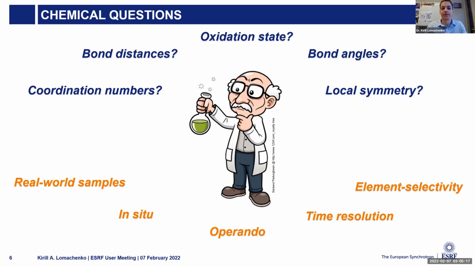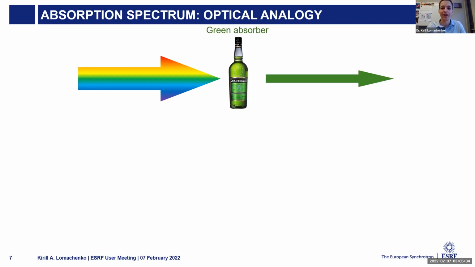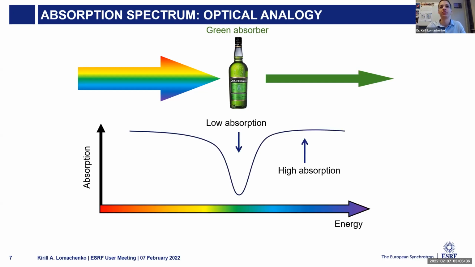So the principle of the method is very simple, and it's probably best illustrated with a simple optical analogy. When you shine white light on a filter, let's say a green filter, you get green passing through. Why? Because you have a very low absorption in green and a high absorption in red and blue.